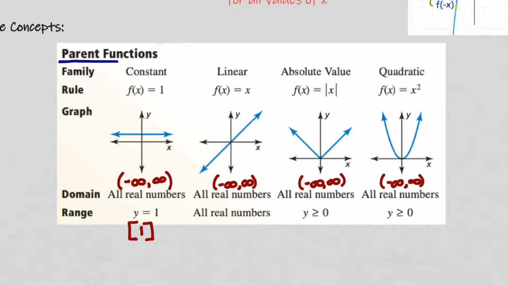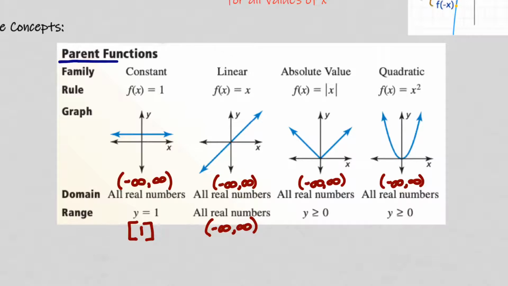The parentheses means it leads right up to that number, but since infinity goes on forever, that's why we use parentheses. There's no end to it. Okay, straight lines or linear functions, they go down forever and they go up forever. So down is negative infinity, up is positive infinity.